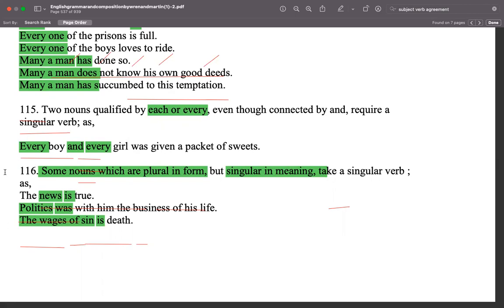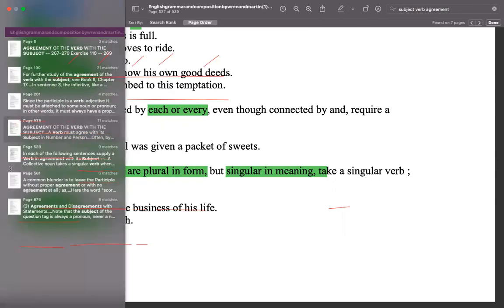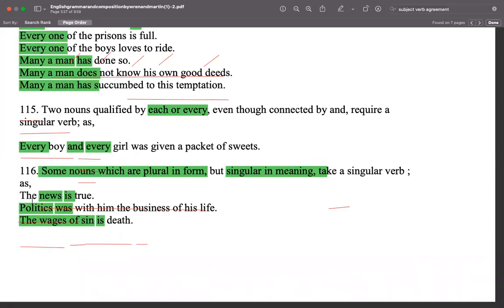Even TV becomes televisions, right? Here also you would find the subject of the sentence is indicating plural or seeming plural. Why? News, S is given. But at the same time, it is carrying a singular verb. Why so? Because it is a noun which is singular in form, but seeming plural.